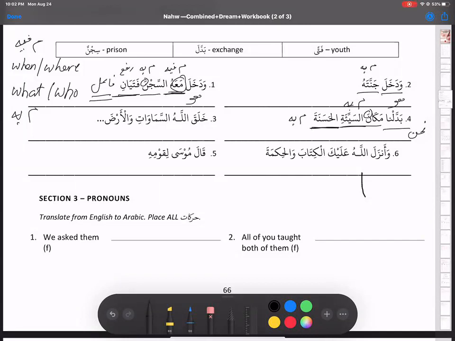Okay, now khalaqallahu samawati wal arda. Jumla felia. Yeah, khalaqa is fail, Allahu. Allahu is the fail of khalaqa, and then what is as-samawati and wal arda? Is maf'ulun bihi. Okay, why as-samawati and why al arda? Because samawati is plural feminine.